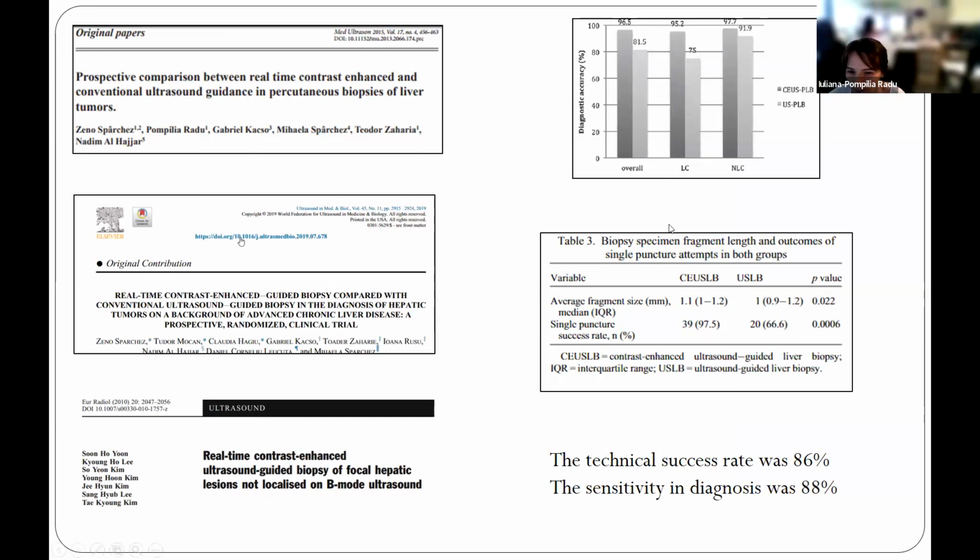But it's also very important, there was another study 3 years ago that showed that if we use contrast enhancement guiding biopsy in these problematic lesions, we need a single puncture, not more punctures. We don't have to enter 2-3 times. So in this way, we also have a decreased risk of complication.